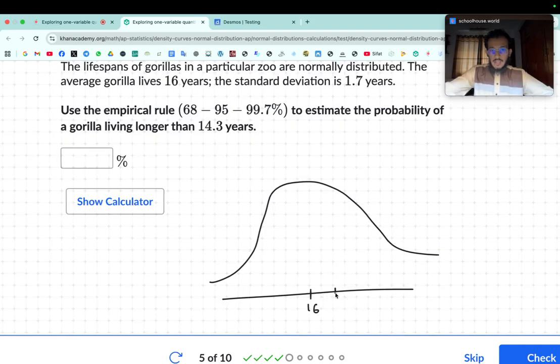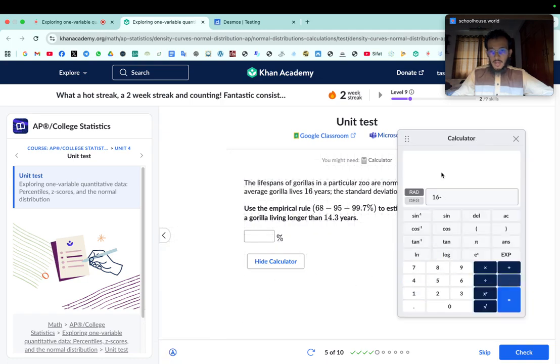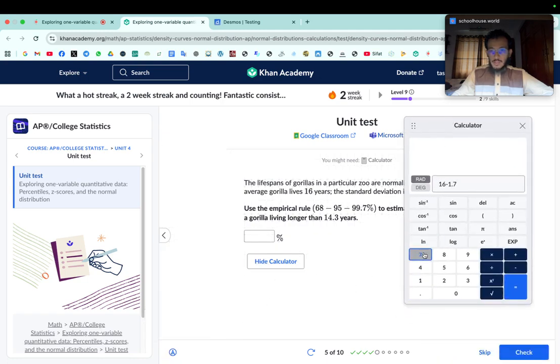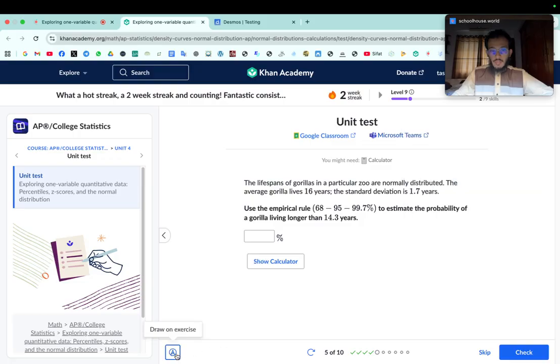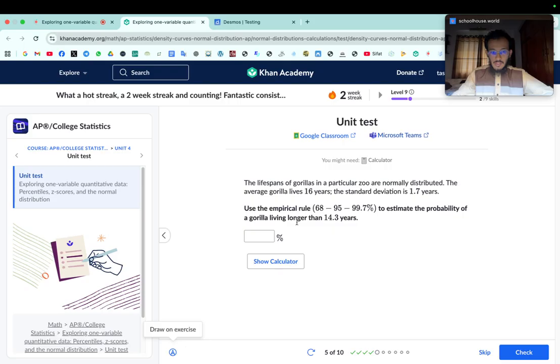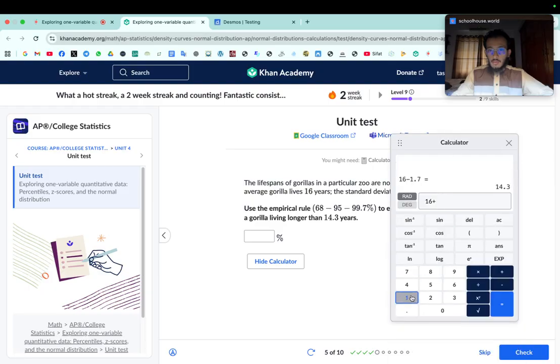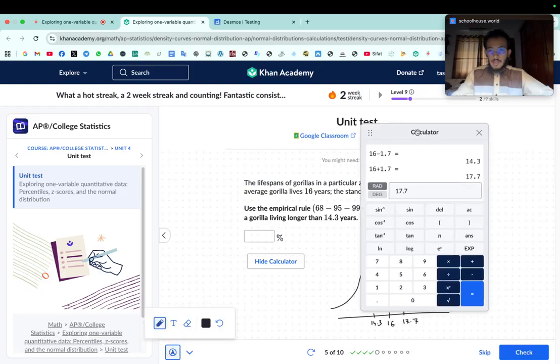So one standard deviation above would be 17.7, and one standard deviation below would be 16 minus 1.7, which is 14.3. Above, 16 plus 1.7 is 17.7.